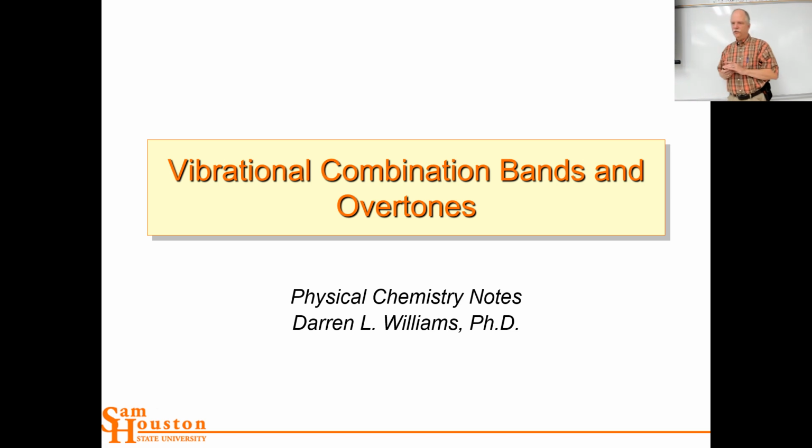And so let's look at the vibrational combination bands and overtones. This will expand the symmetry operations, the use of the character table, to include multiple vibrations being excited at the same time. Now this is hard to understand conceptually. A single photon of light comes into a molecule and excites multiple vibrations.